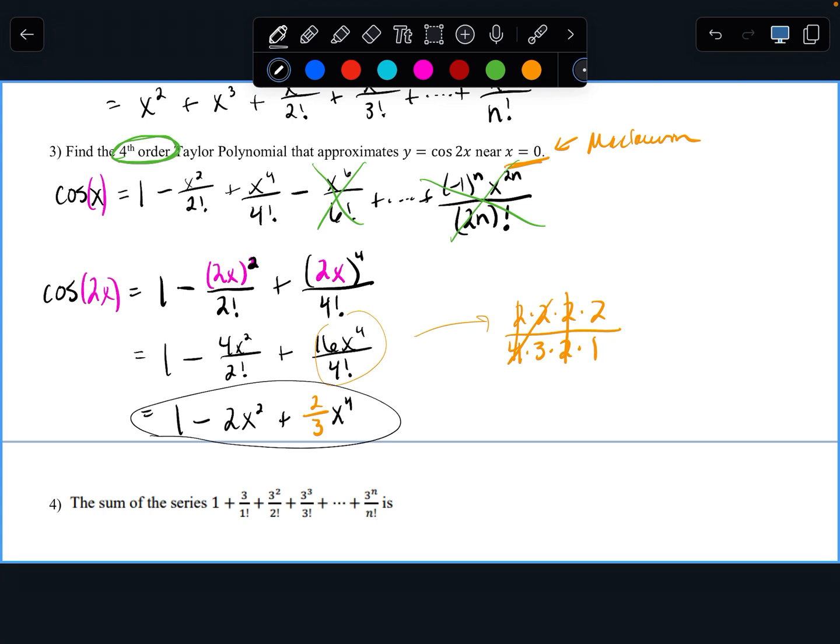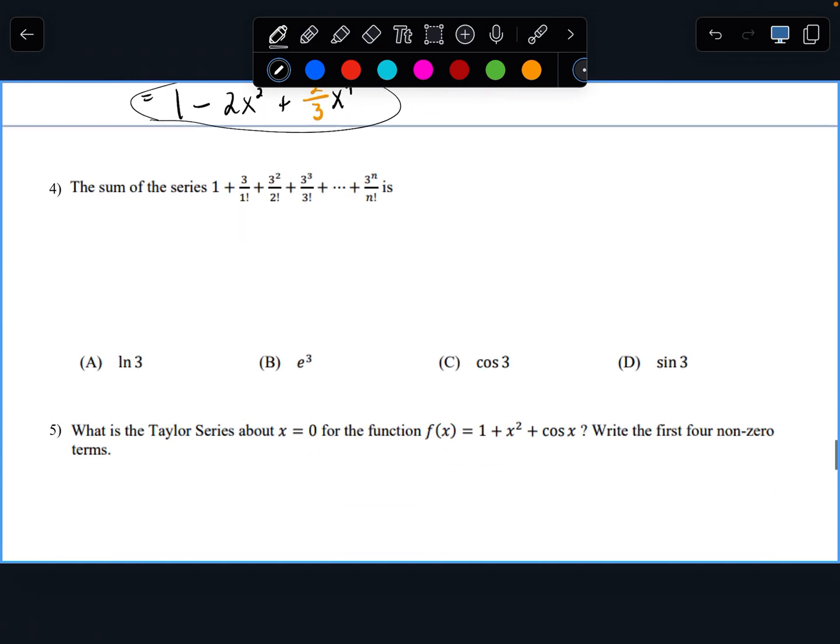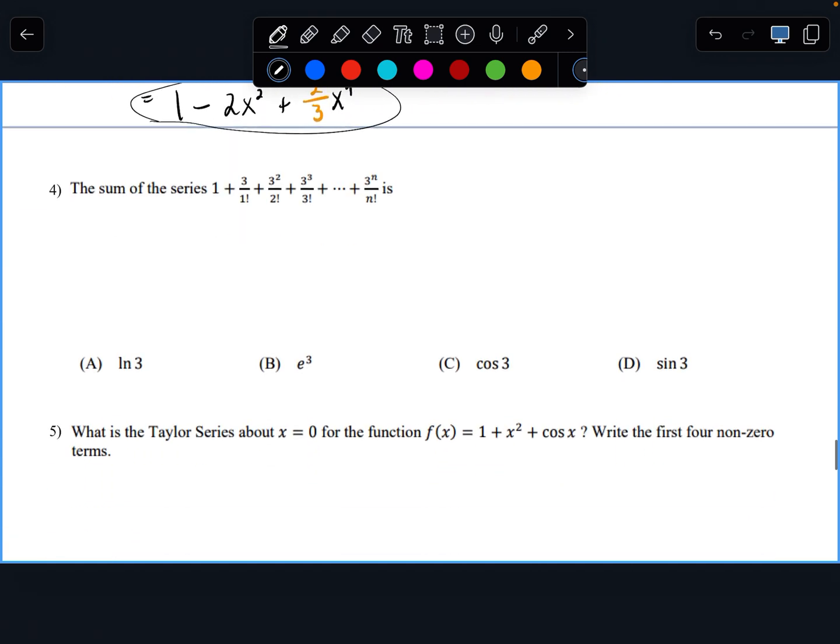And then this one is they're making you go backwards. When does this end? 5 minutes? Shoot. Okay. This one's making you go backwards. Honestly, these ones can be tough because you have to really know your Maclaurins.